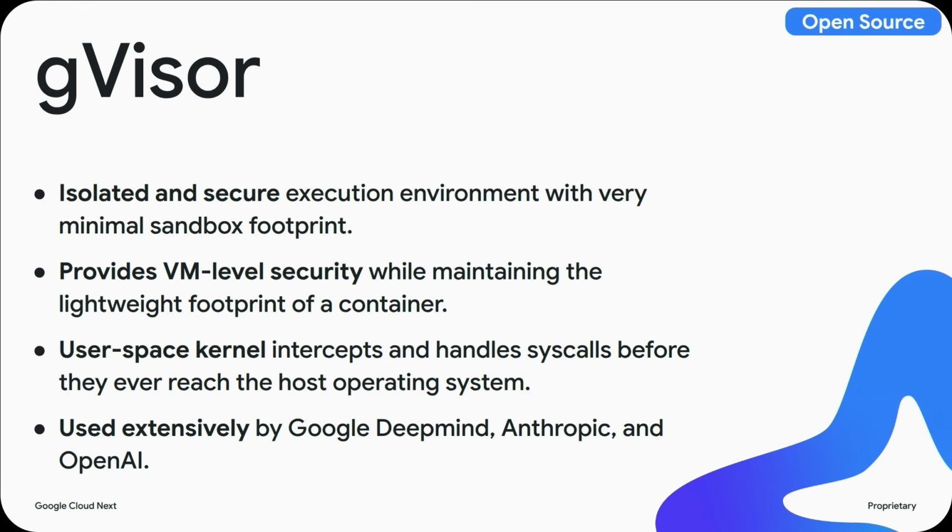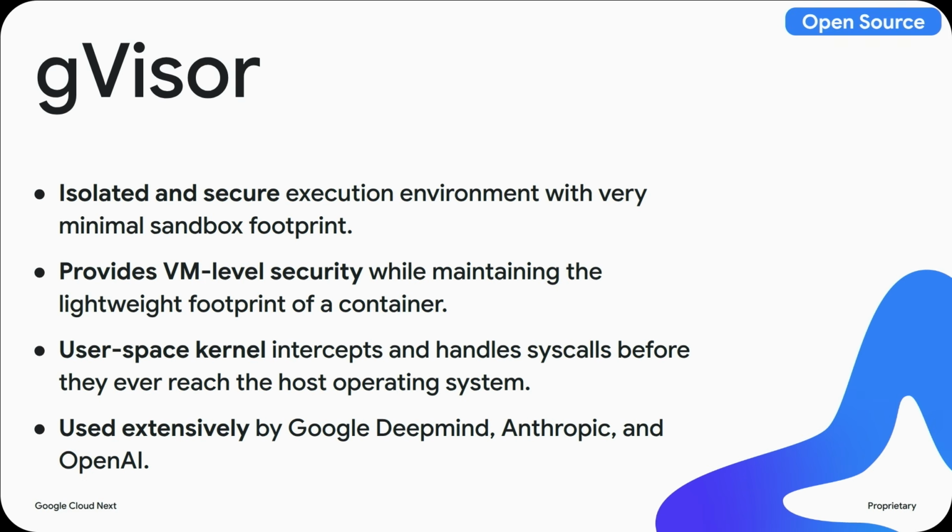And so to address that key issue, we at Google released into the open source gVisor nearly a decade ago. gVisor provides an isolated and secure execution environment that has a very minimal footprint. So you get a sandbox, super lightweight. It gives you VM-level security while maintaining the lightweight nature of, for example, a container.